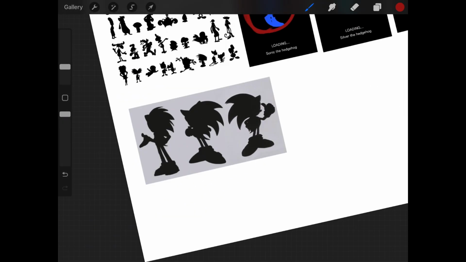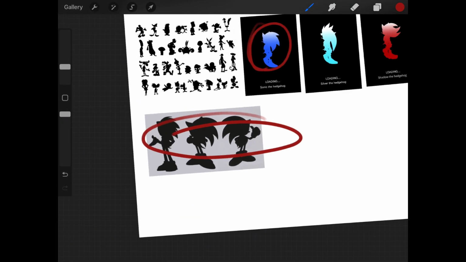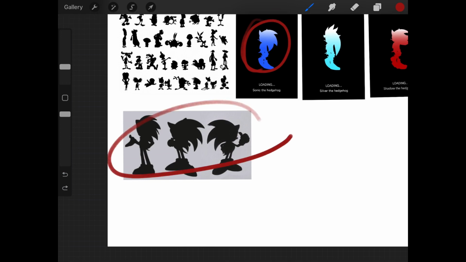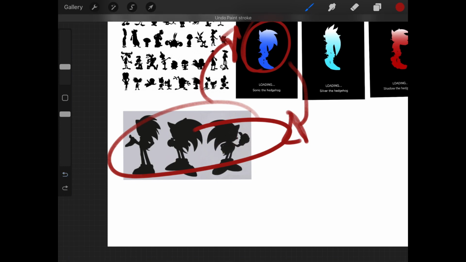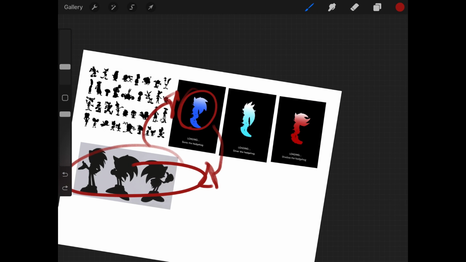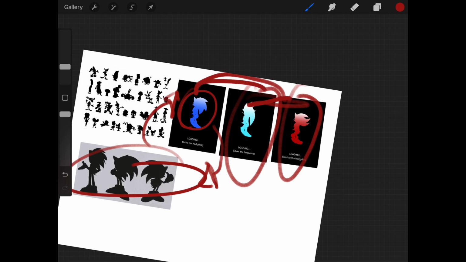Like, for example, remember how we were talking about these Sonics? You can tell that these Sonics are different from that Sonic, but it is still the same character. We have the spikes on the head, the gloves, shoes, etc. Silver and Shadow are very different from each other, but they also have similarities to Sonic.